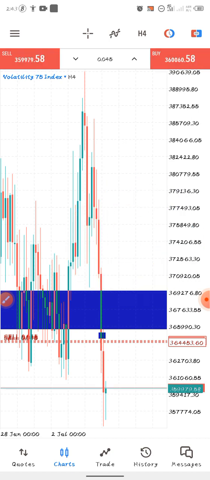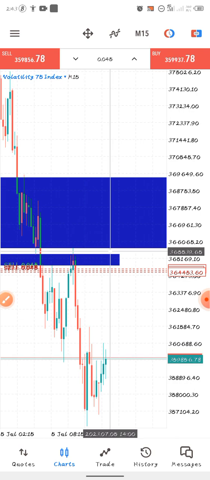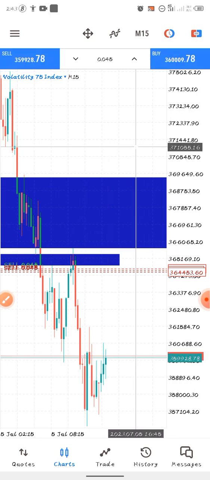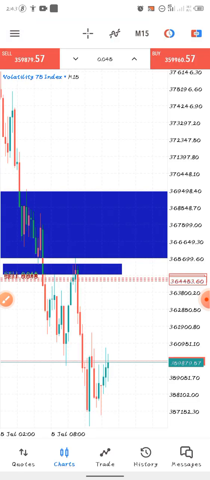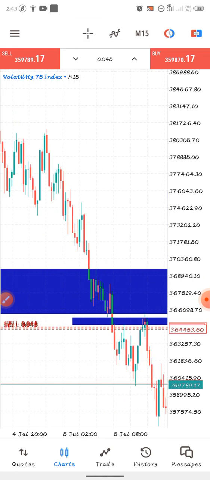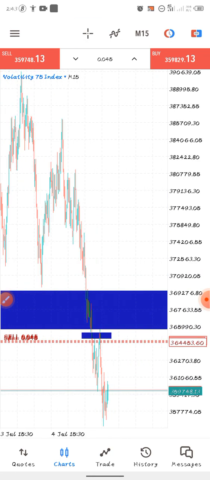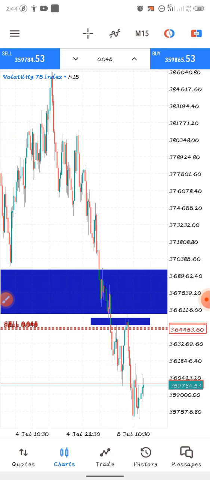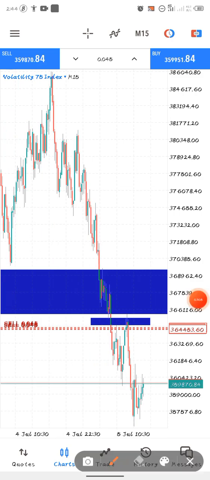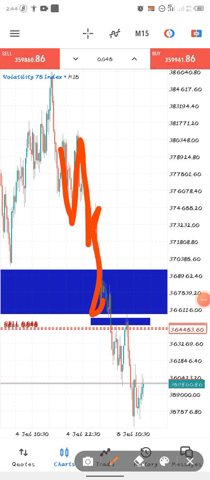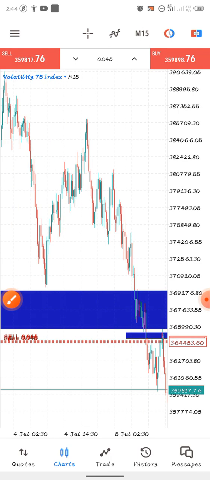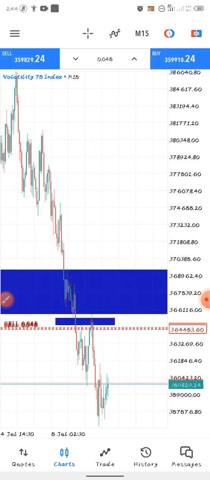After I see all this, I figure out that the market is creating what we call lower low, lower high, lower low, lower high, which indicates that the market is trending to the downside, guys.